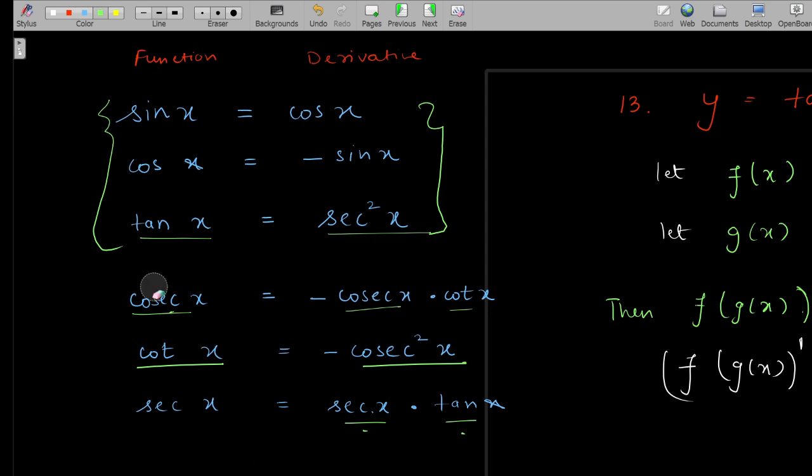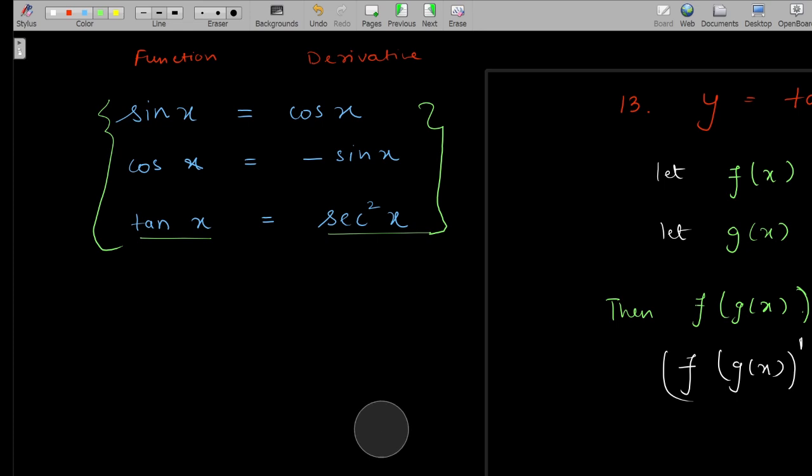Okay, I think I got a better way of making you memorize this. Anika, just put co in front of tangent. So what do you get? Cotangent. Okay? And then put co in front of this square of secant.